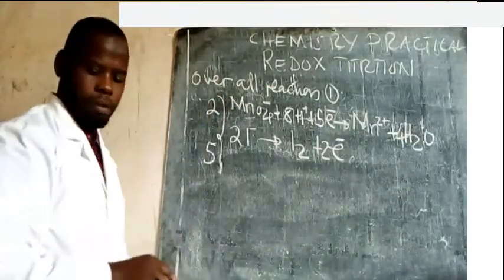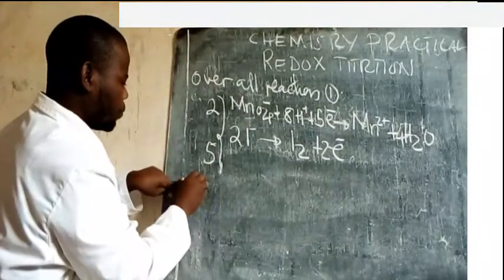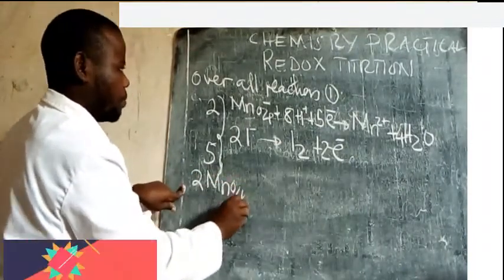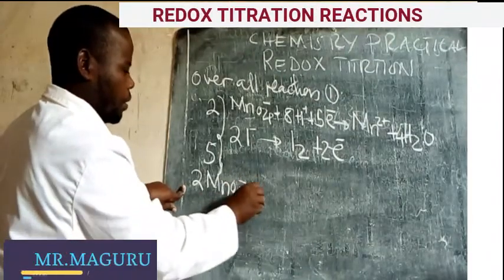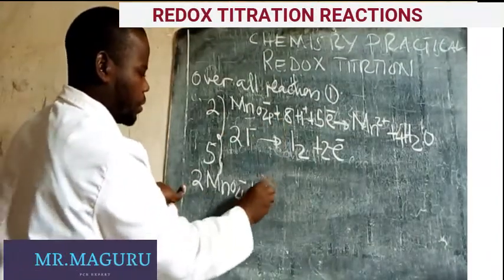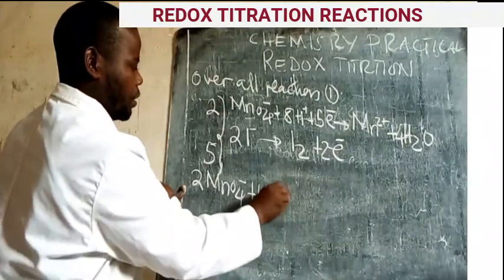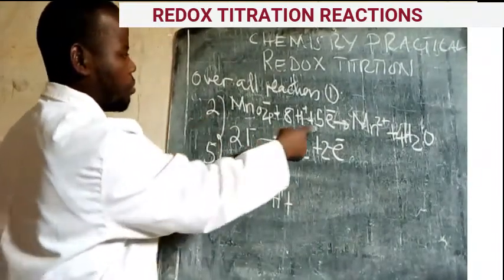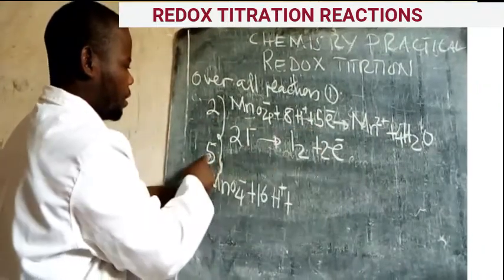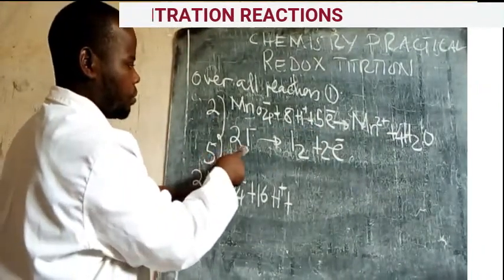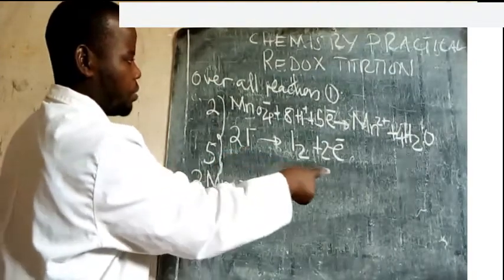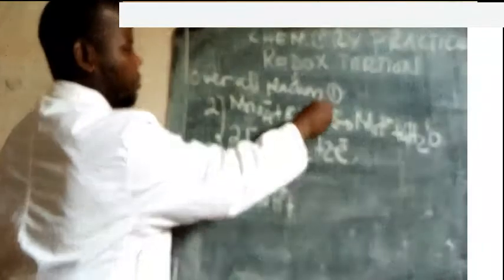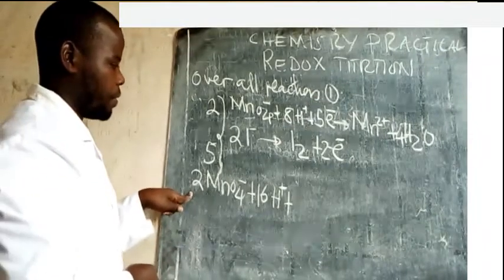So the overall reaction will be this one will be 2, plus this and this one will be 16H plus. But this and this one will be 10, and this with this one will be 10. So this and this one will cancel.